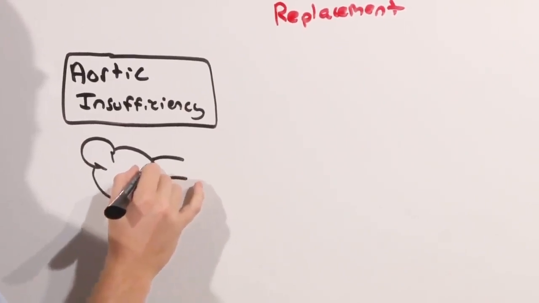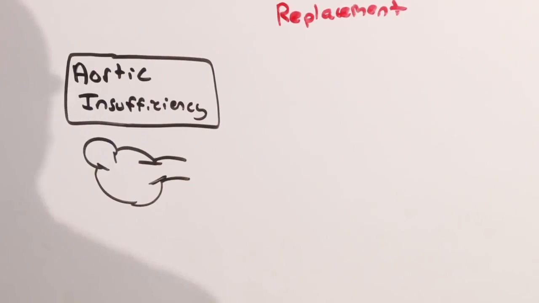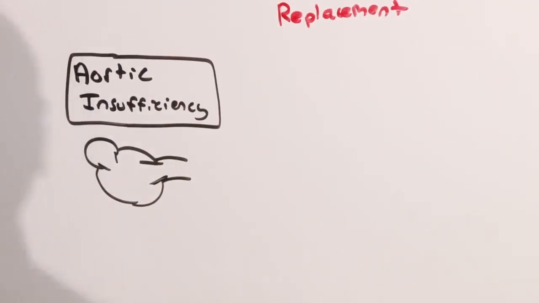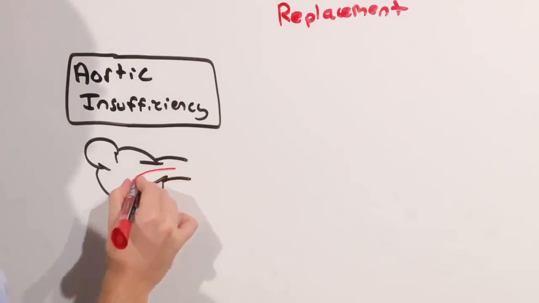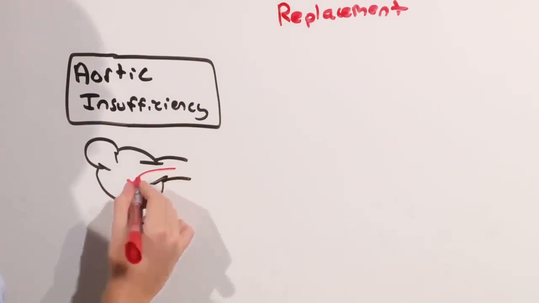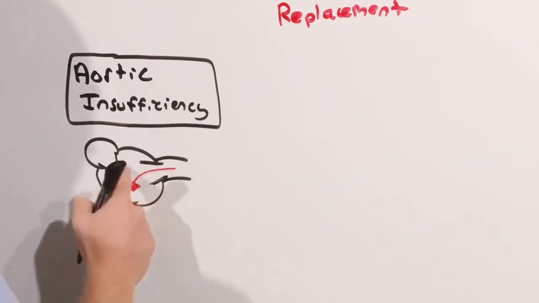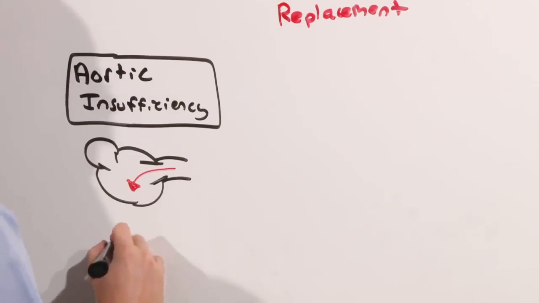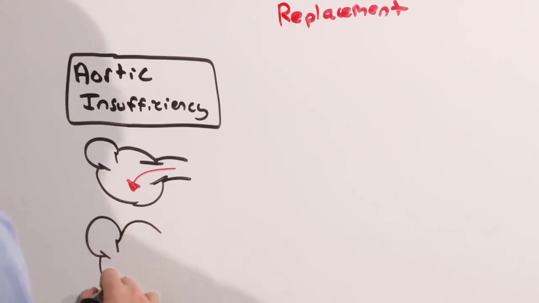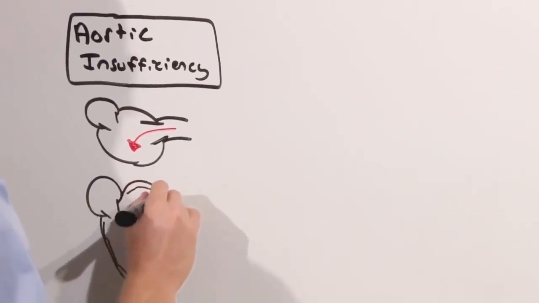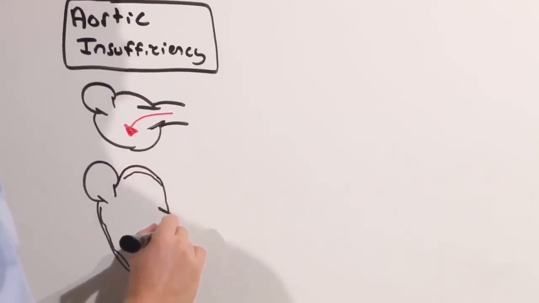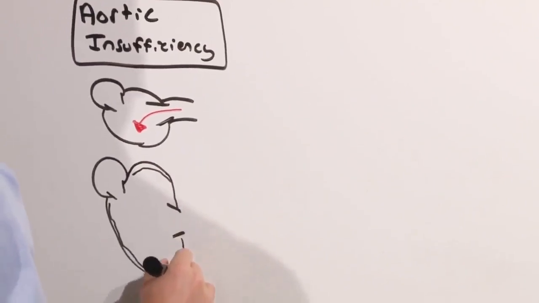Only instead of being normal, it's weak and floppy. Weak and floppy valves allow blood to flow back into the left ventricle during diastole. More blood in the heart is going to lead eventually to heart failure. So they're going to have a big, dilated, floppy heart. And that's a product of a floppy valve.